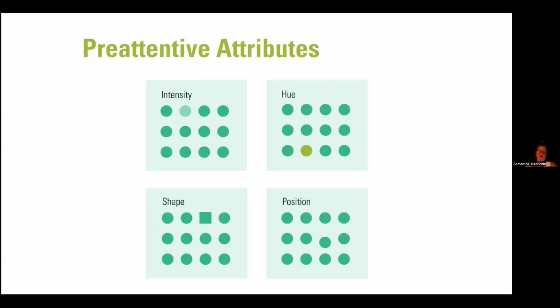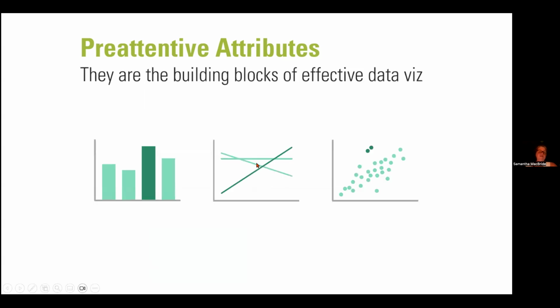Another set of pre-attentive attributes has to do with both the intensity of color, the hue of it, whether it's a little different, as well as shape and where things are positioned in space. Again, a viewer can instantly see that these cases are different than the other cases. And this can be used to convey a lot of important information that you want to highlight or emphasize.